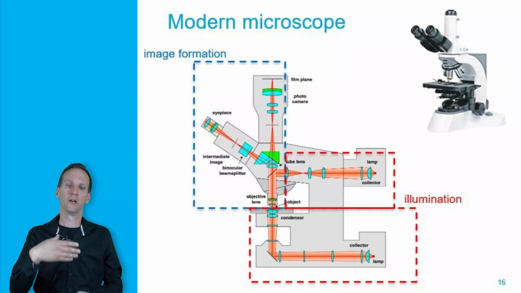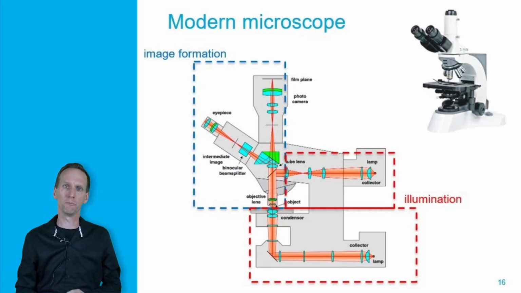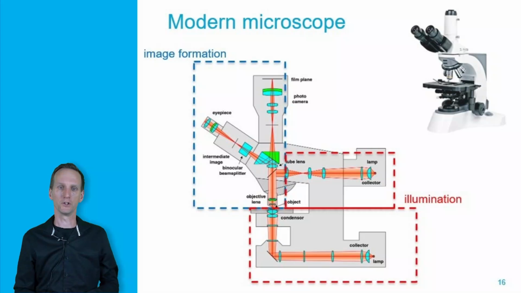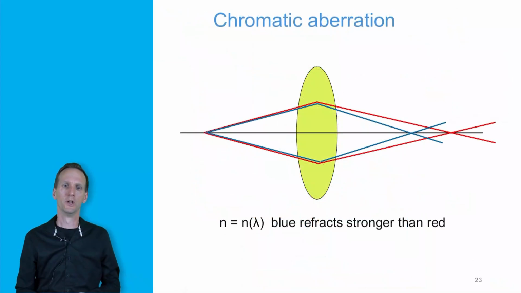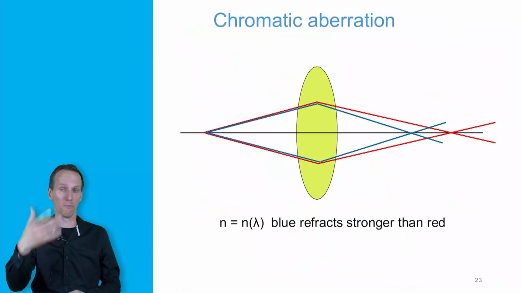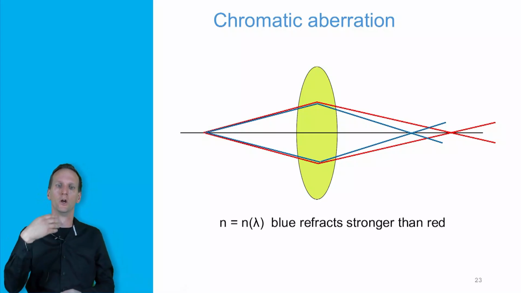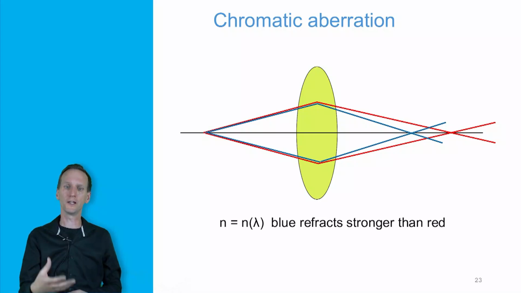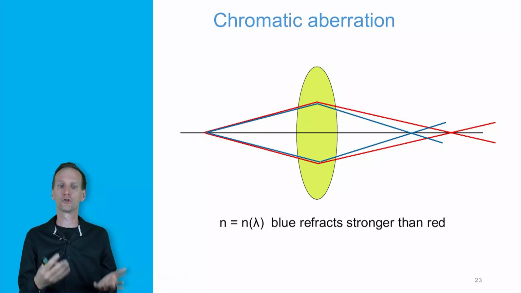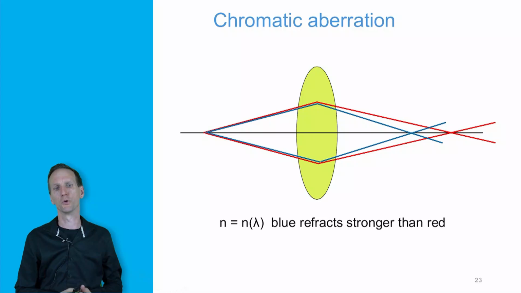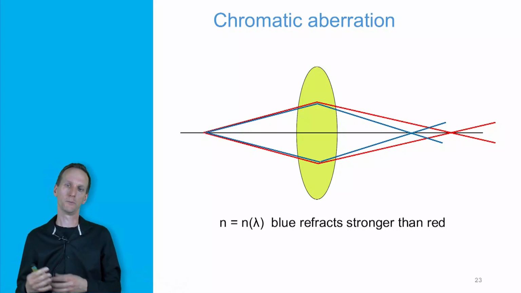The other thing is that in the image formation part, we correct for a lot of aberrations. One famous aberration that we have in light microscopy is chromatic aberration. Chromatic aberration refers to the refractive index of the lenses being stronger in the blue part of the visible spectrum compared to the red part of the spectrum.